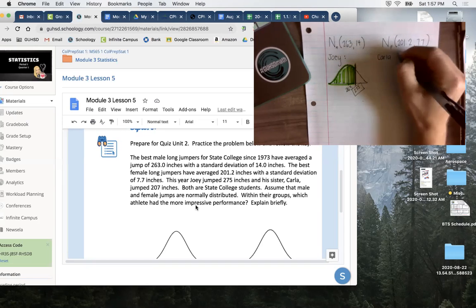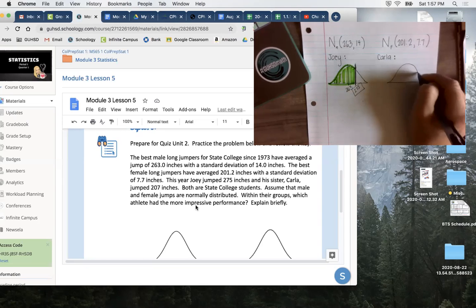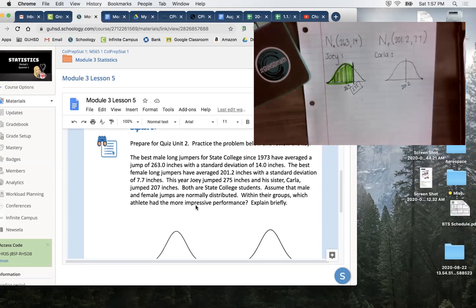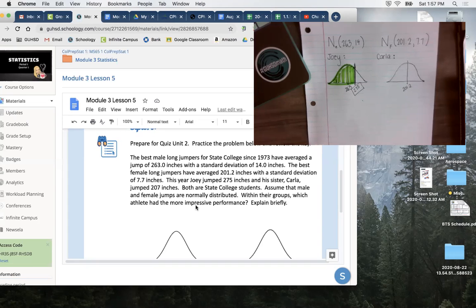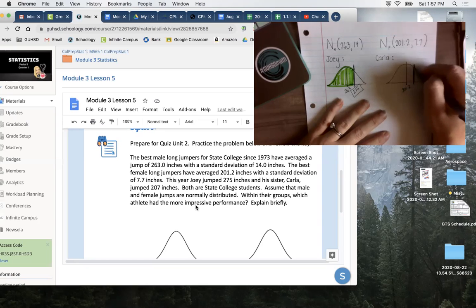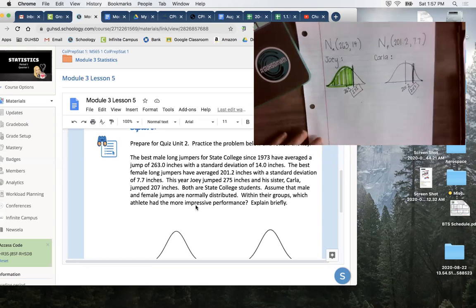Carla, her distribution would obviously look different. Her mean, their center, is at 201.2 inches for females. And Carla jumped 207. Again, she's above the mean somewhere, 207.